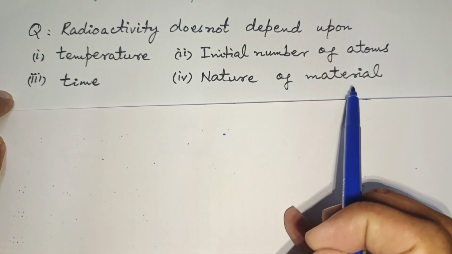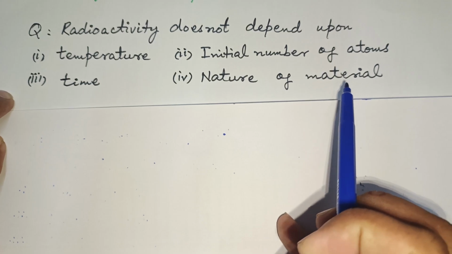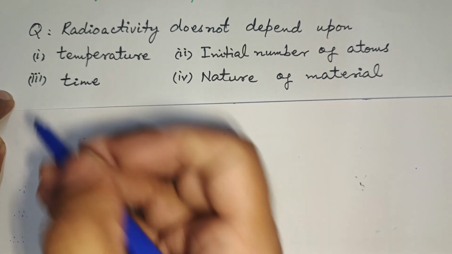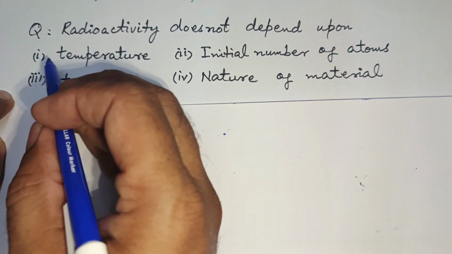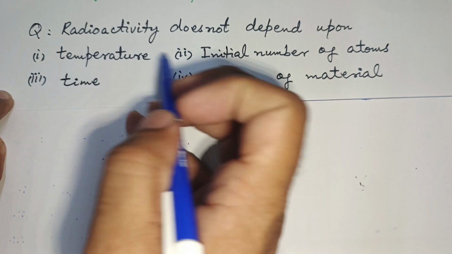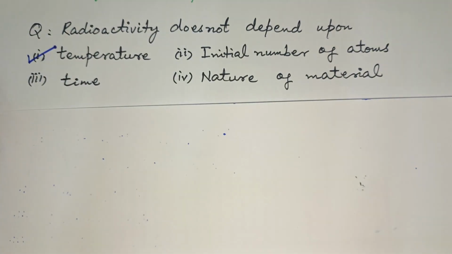Nature of material also matters. If it is radioactive, then it will disintegrate, otherwise it will not. So which one is irrelevant? The temperature. Whether it is summer, winter, autumn or spring, the radioactivity will continue. So temperature is irrelevant.